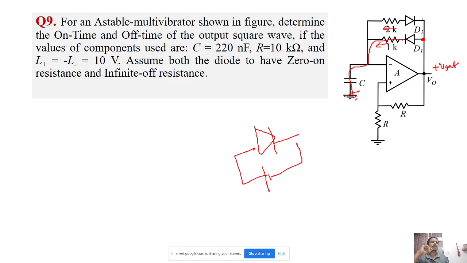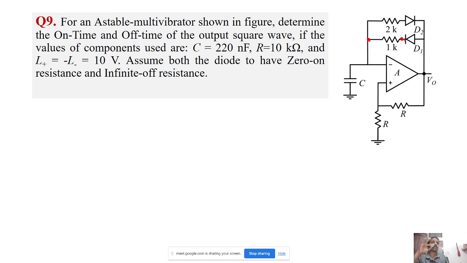Similarly here if I consider, this is connected, right? This is connected means what is the voltage here? Same voltage as here.